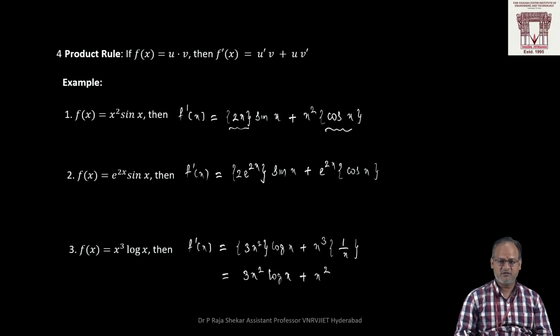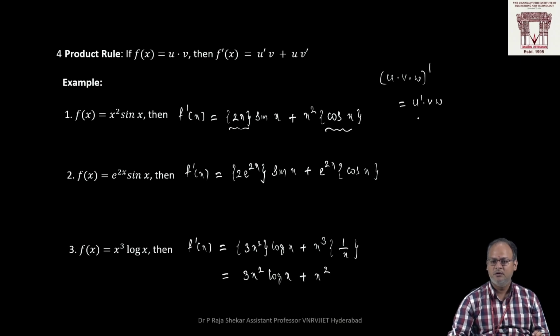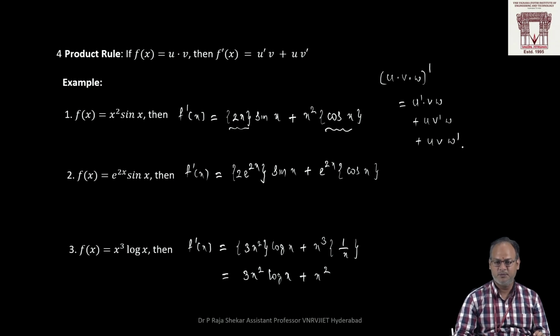So this can be extended even when we have more than two functions. Suppose we have the product of u and v and w, the derivative of this product is u dash into v into w plus u into v dash into w plus u into v into the derivative of the third function, I mean w.